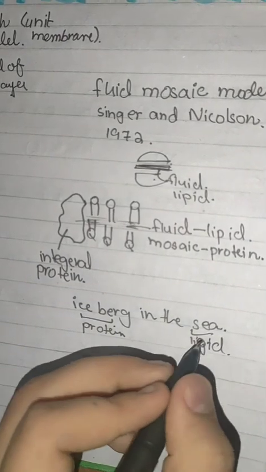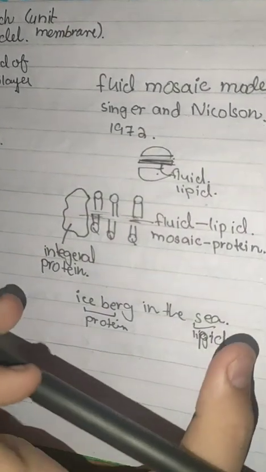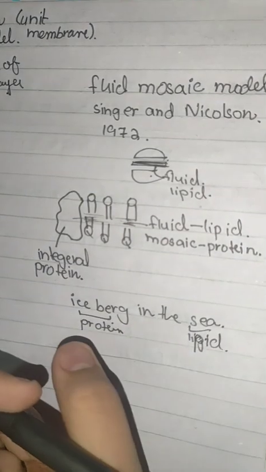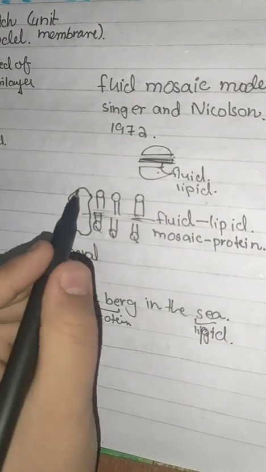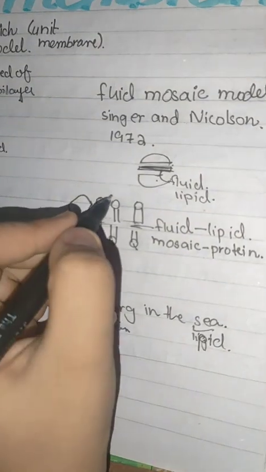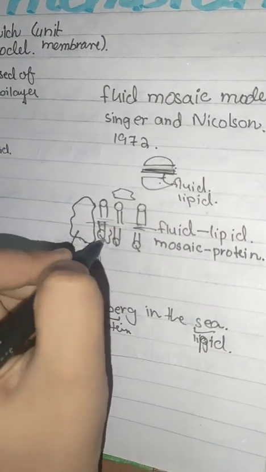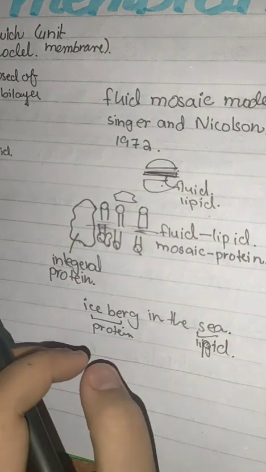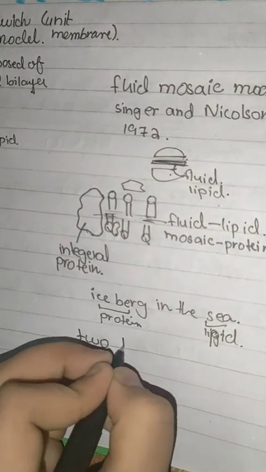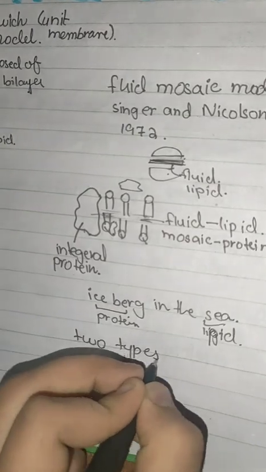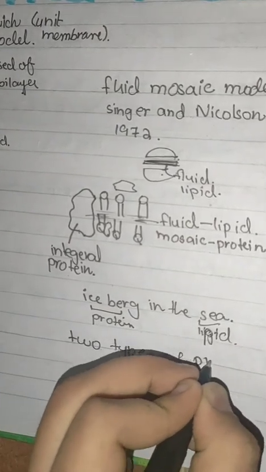So proteins are present in the lipid, and that is why it is named iceberg in the sea. Proteins are sometimes completely embedded and sometimes partially embedded. So here we have two types of proteins.